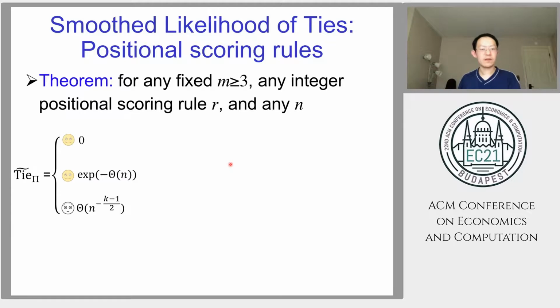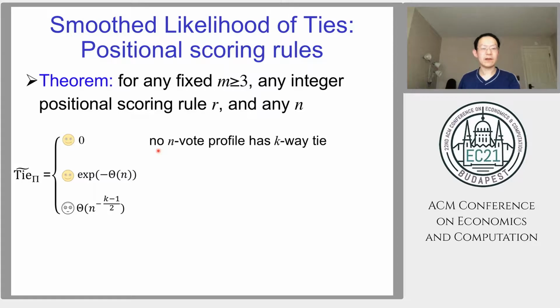The first case is 0, the second case is exponentially small, and the third case is polynomial, where the degree of the polynomial is minus (k minus 1) divided by 2. Remember that k is the number of ties, like k-way ties. This makes sense because the larger the number of ties we are looking for, the lower the probability is. We also characterize in the theorem the conditions for each case.